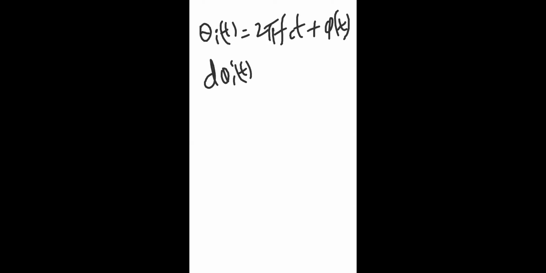Theta is equal to 2 pi fct plus pi t. Now what is the relation between theta and 2 pi? Anyway, you have to make differentiation. First, you do the differentiation, d by dt.